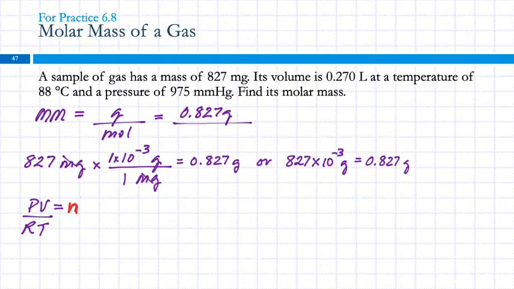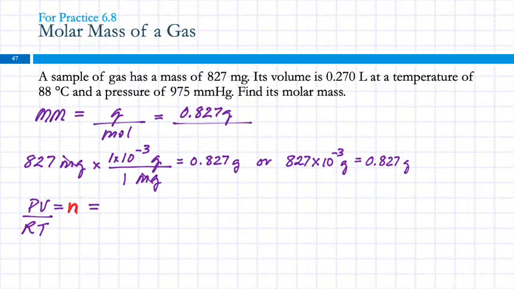So N is equal to PV over RT. What's the pressure? 975 millimeters of mercury. Do I have the gas constant in my equation? I do. It's down here.